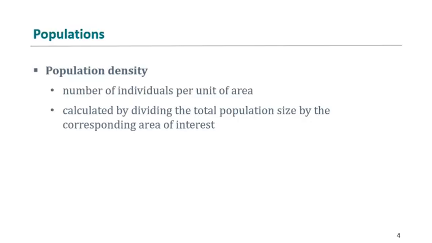So much different picture when we throw in how much area those individuals are occupying. So high population density can lead to increased competition, especially for resources like food and water and shelter. But if it's low density, it may reduce the competition, but it could also make it harder for individuals to find mates. So there's kind of the good and the bad with each of these.